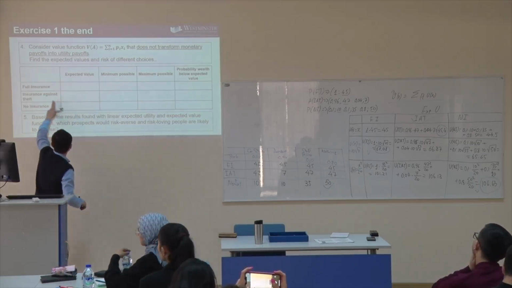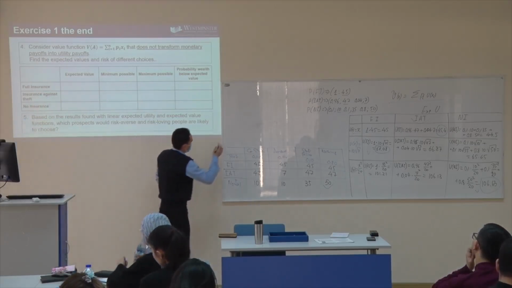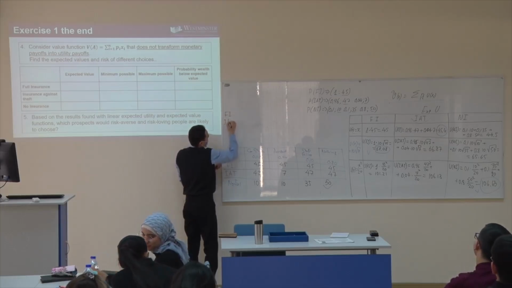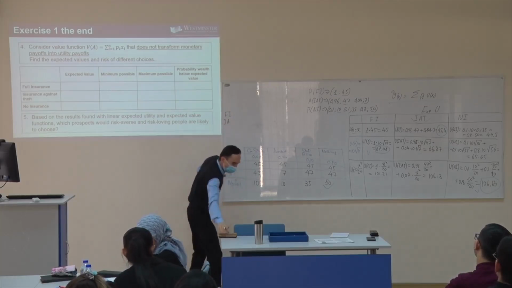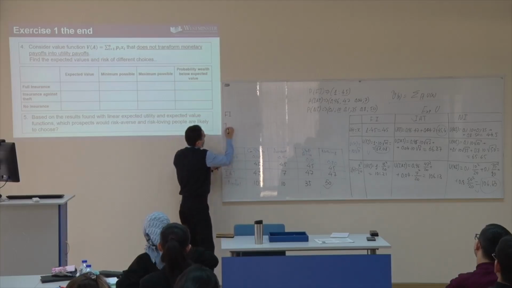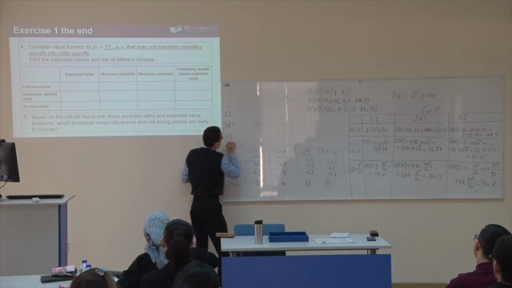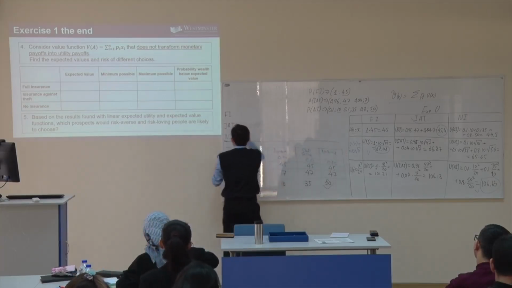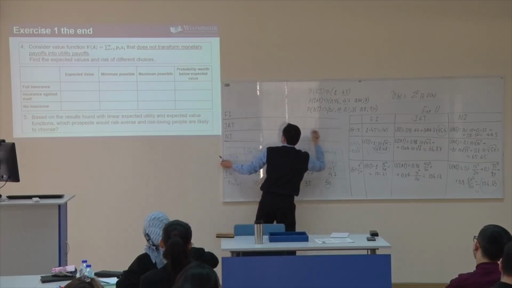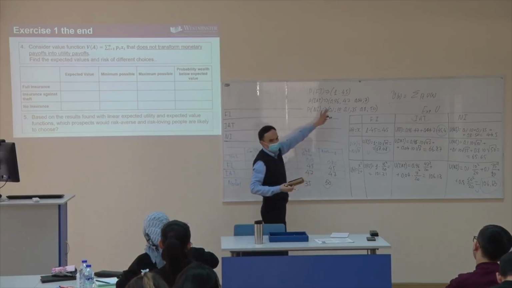Now we are considering full insurance and these three types of prospects again: full insurance, insurance against theft, and the last one, no insurance. No insurance case. And I say you now remember it.